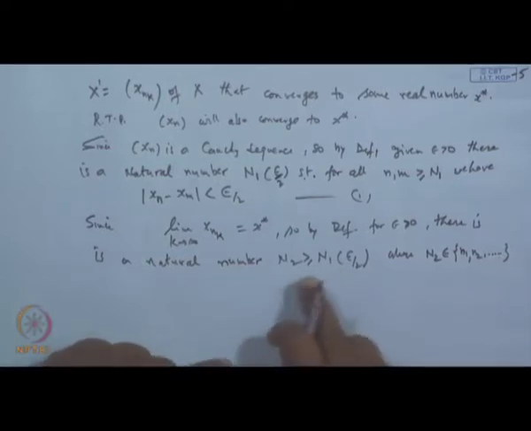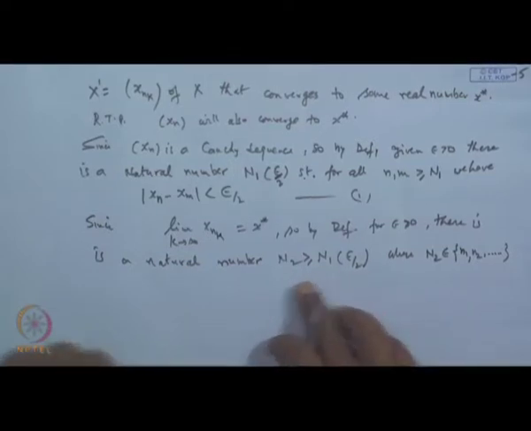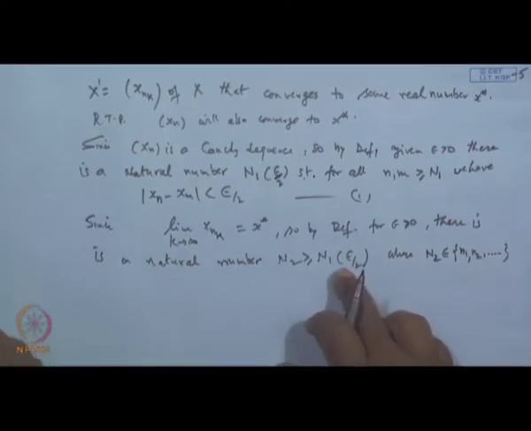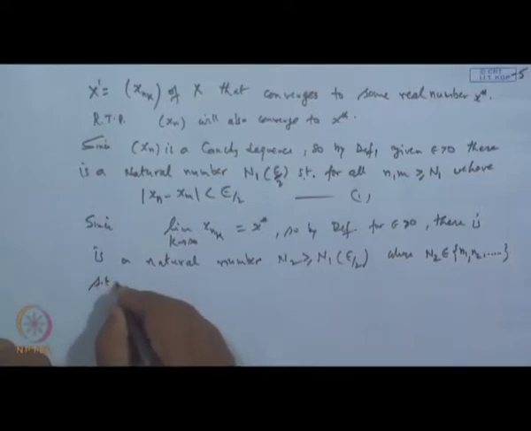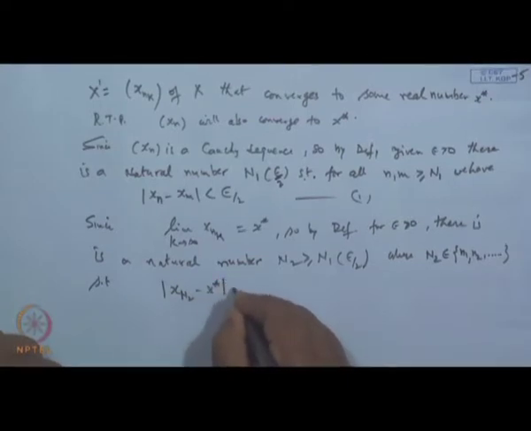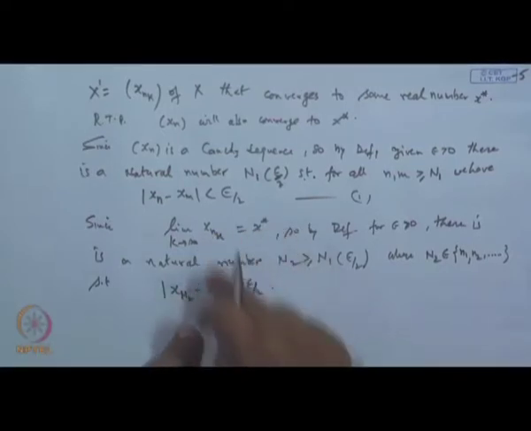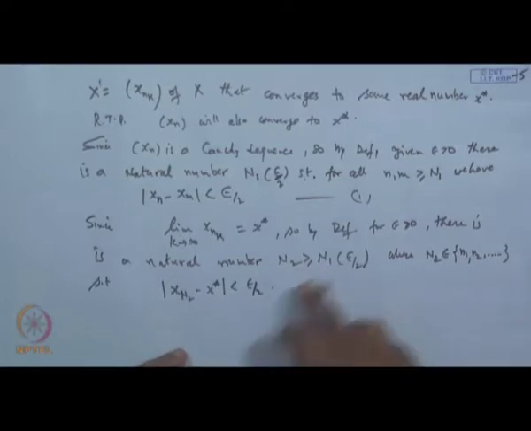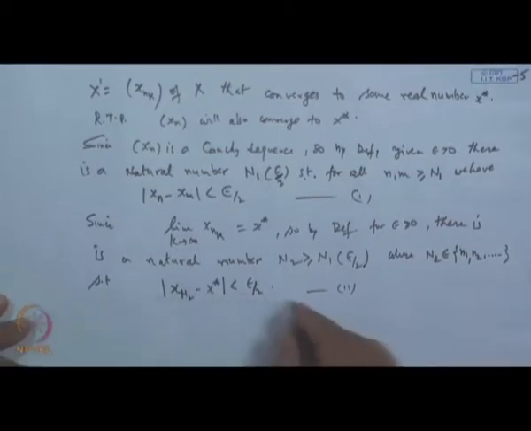This set means we are choosing the positive integers from the sequence n_k. So, there exists a natural number n_2 from this set which is greater than or equal to n_1 such that |x_{n_2} minus x star| is less than epsilon by 2. Because this difference can be made as small as we please, when k is sufficiently large, we can choose n_2 greater than n_1 so that this condition is satisfied. Second.